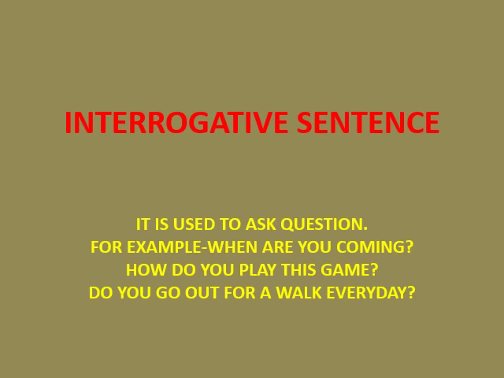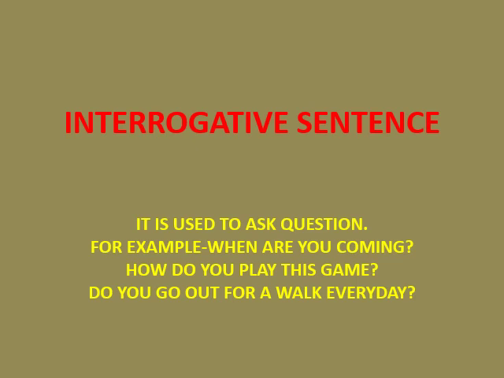And we already know that we can ask questions in two ways. If the answer of the question is given in yes or no, then we will put a helping verb at the first, and if the answer is given in a sentence, then we will use the WH family at the first.